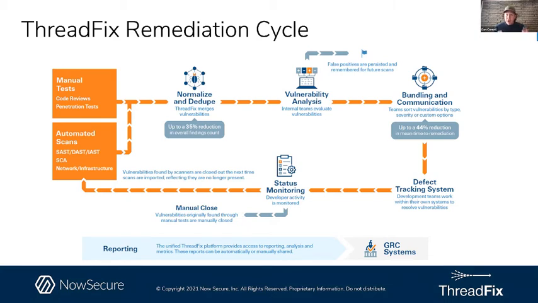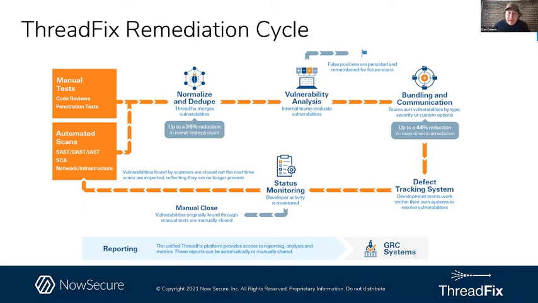It's just got to be another thing that the developers are doing. And so communicating with the developers via the tools they're already using, the CI/CD pipelines on the one end, the Jira or whatever ALM system on the other end, is very powerful. And what we've seen here is up to a 44% reduction in mean time to remediation. The value there is that stuff is getting fixed faster, and so you're reducing that risk window.